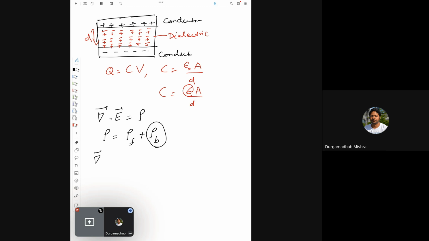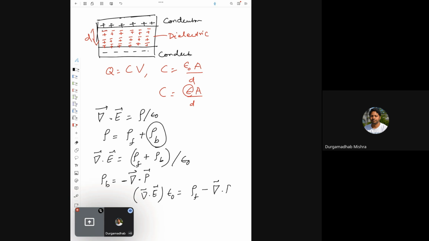So my expression will be del dot E equals rho F plus rho B, over epsilon naught. Now I know this rho B will be equal to minus del dot P, as we saw earlier. So del dot E into epsilon naught will be equal to rho F minus del dot P.